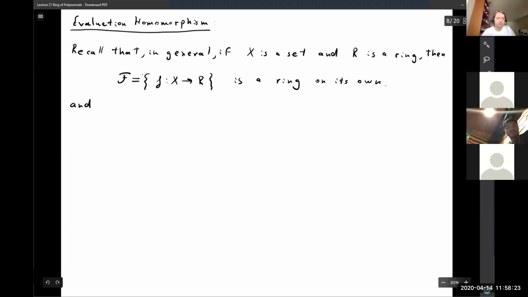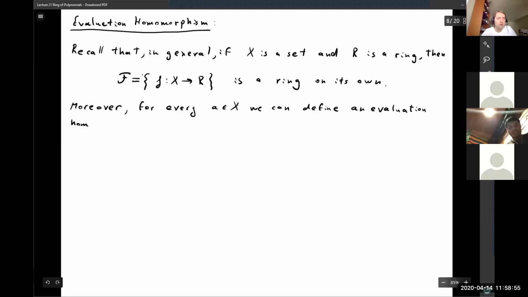And moreover, for every element a small in X, we can define an evaluation homomorphism.